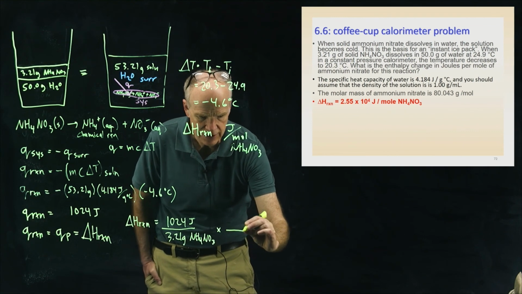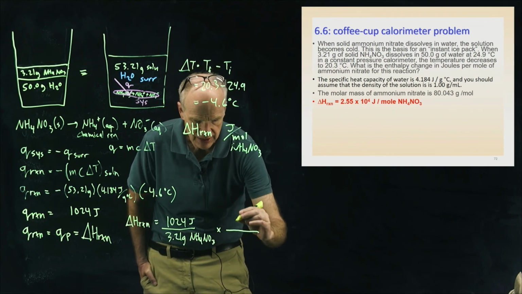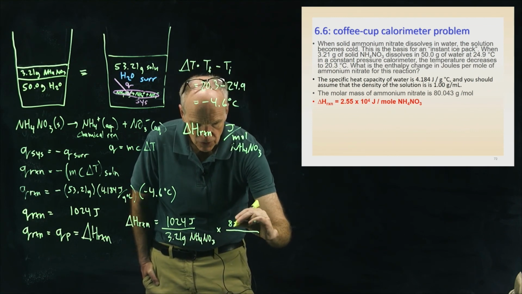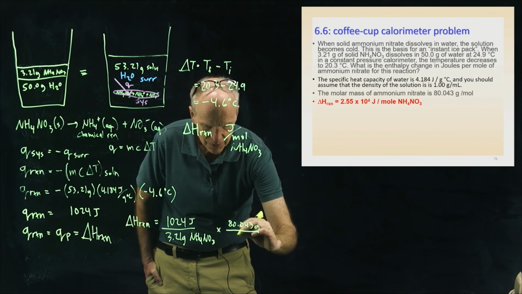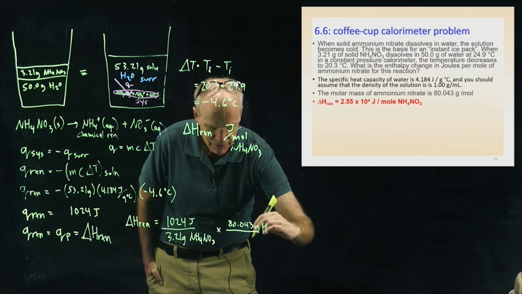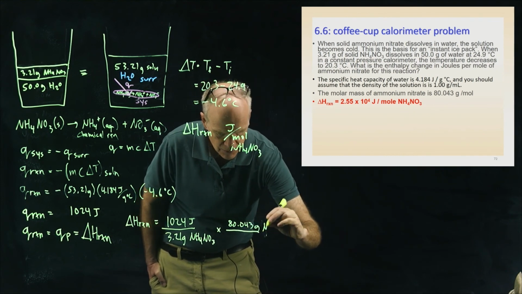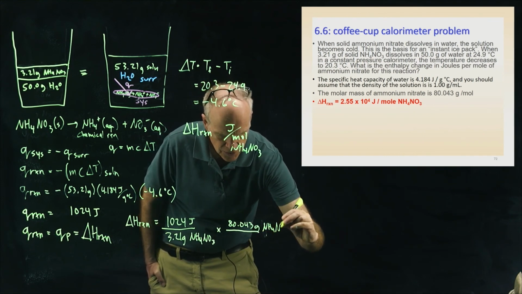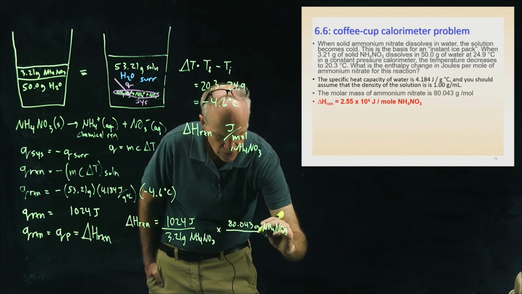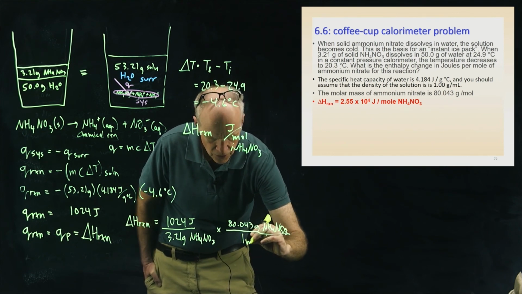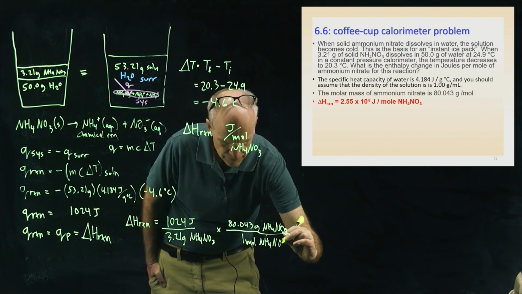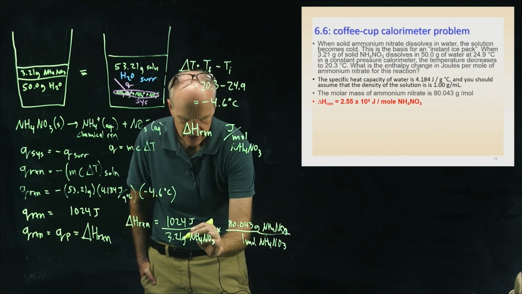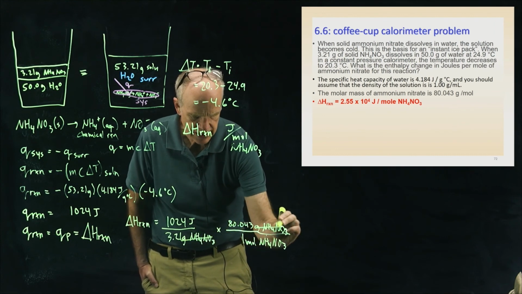So we are given the molar mass of ammonium nitrate. It's 80.043 grams of ammonium nitrate over 1 mole of ammonium nitrate. And you can see now that the grams of ammonium nitrate cancel out.